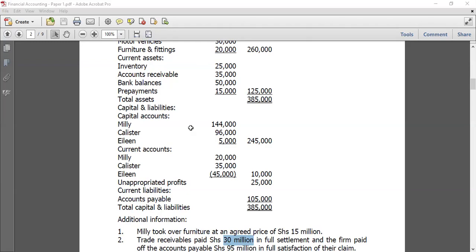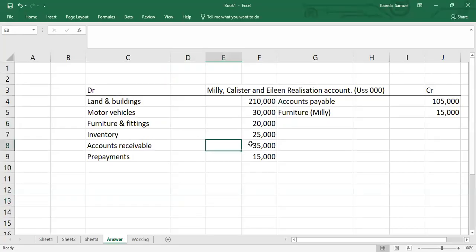We put them on this other side. Okay, so pay off from receivables is worth 30 million.